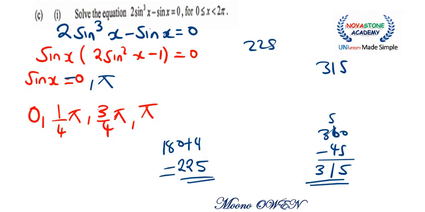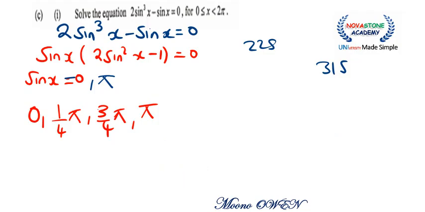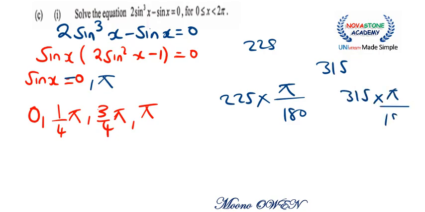Basically we learned about how you convert those ones. We know that for 225, the way you convert it, it will be 225 multiplied by pi over 180. Same with 315, it will be 315 multiplied by pi over 180. So you just divide and solve those ones.